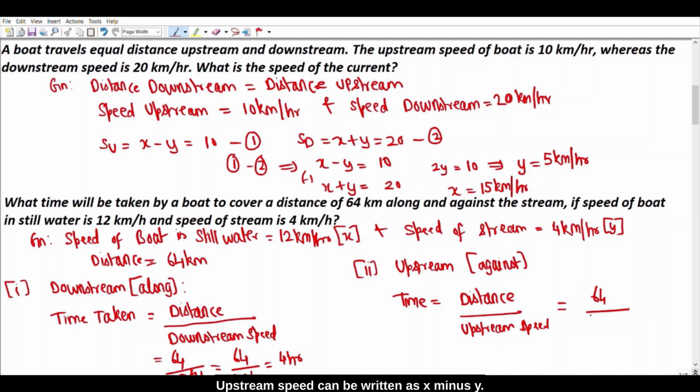Upstream speed can be written as x minus y. Upon substituting, we get 64 by 8, which is equal to 8 hours. So from these two questions, we have to infer two basic points. That is, always downstream speed will be greater than upstream speed, and always time taken to row upstream will be greater than time taken to row downstream.